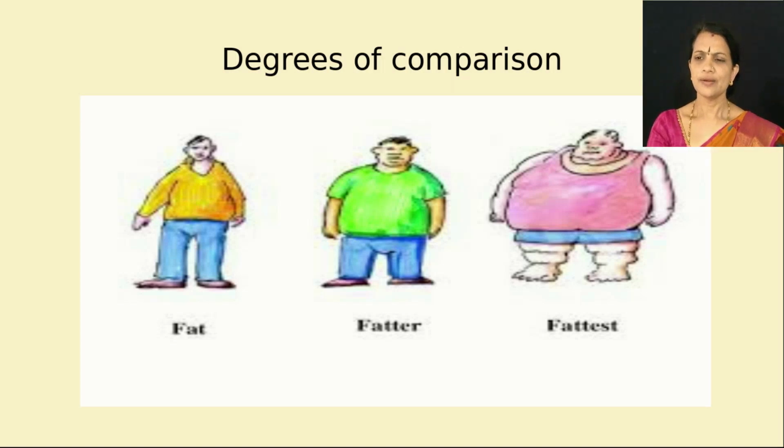When we use the superlative, we use the fattest. A person is not as fat as B person. Now, B person is fatter than person A. The third person C is the fattest of all.